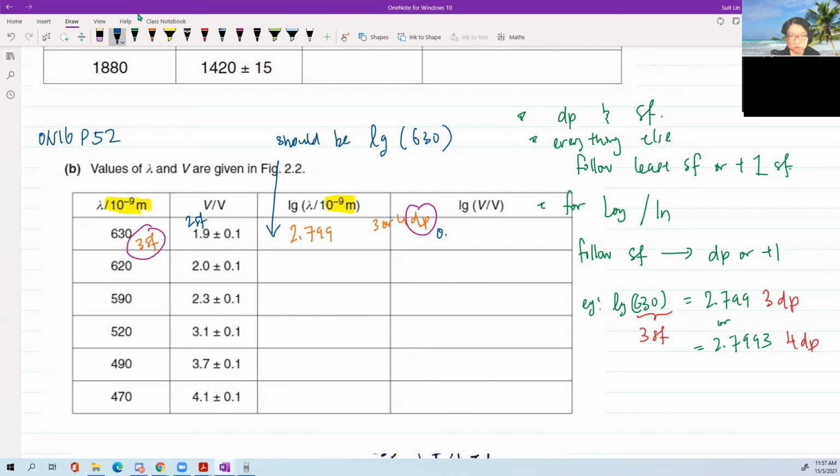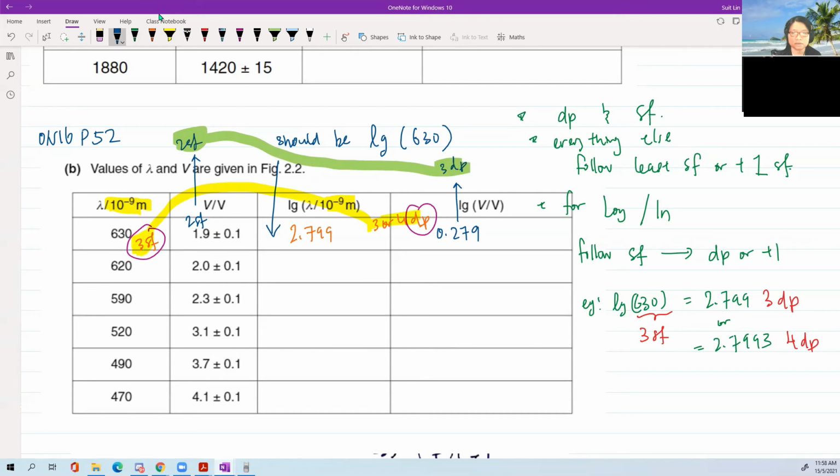Let's say I stick to 3 DP. This is 0.279. So 2SF, then we reach here. 2SF transfer here would be 3 DP. This one, 3SF, transfer here, 3 to 4 DP.